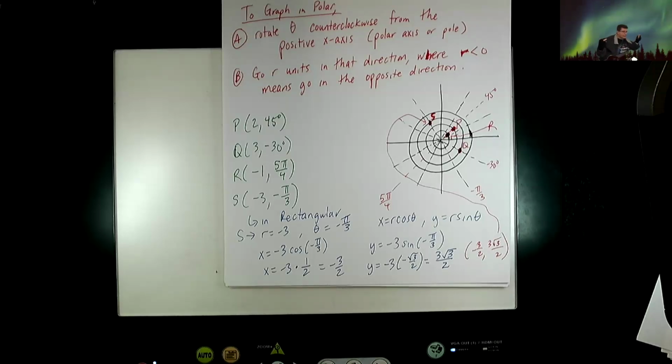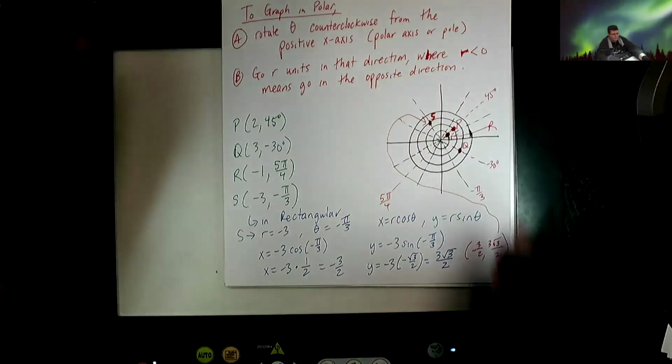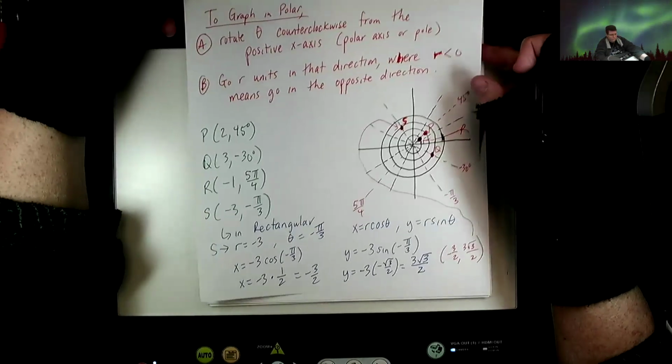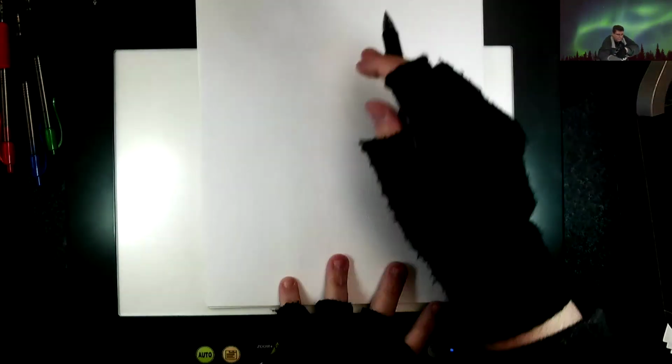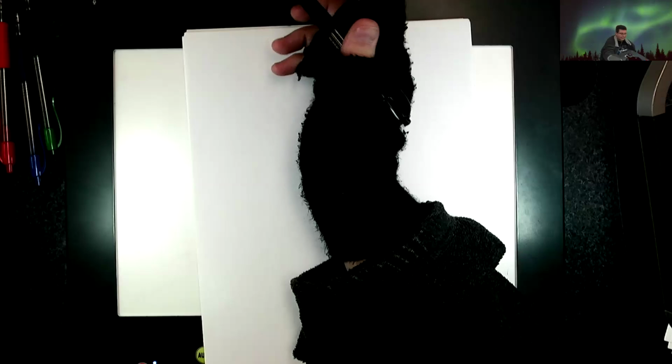All right, so that's the idea of how polar coordinates and polar graphing work. Let's take a look at equations. Any questions so far? All right, so examples where going to polar for graphing is good and bad.